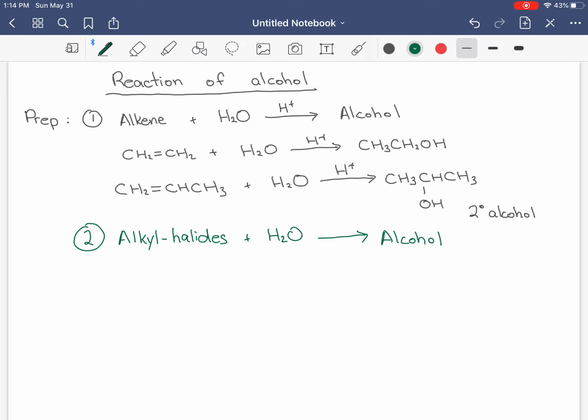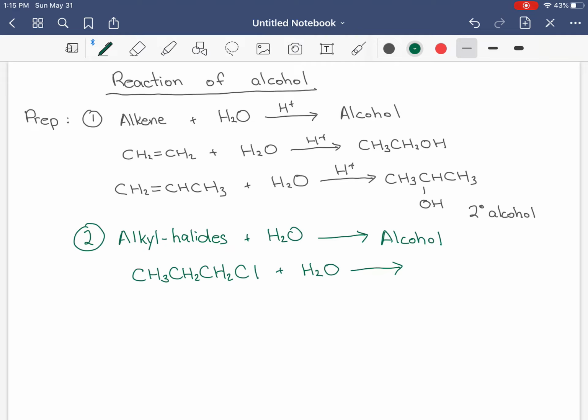Simple enough, right? Now, let's take a look at some examples that I have for you here. They're pretty simple examples. Like, for example, CH3, CH2, CH2, Cl. That's an alkyl halide. That's 1-chloropropane. Now, if you react this with water, okay, you will also get an alcohol.